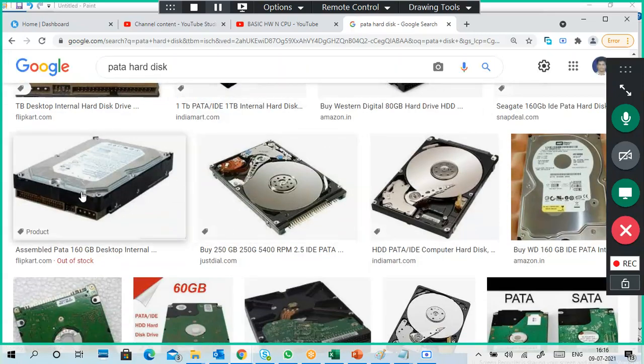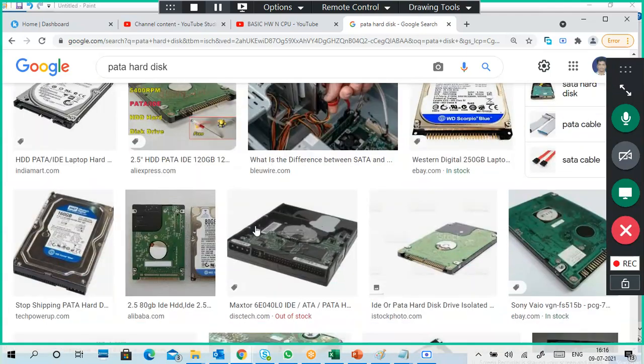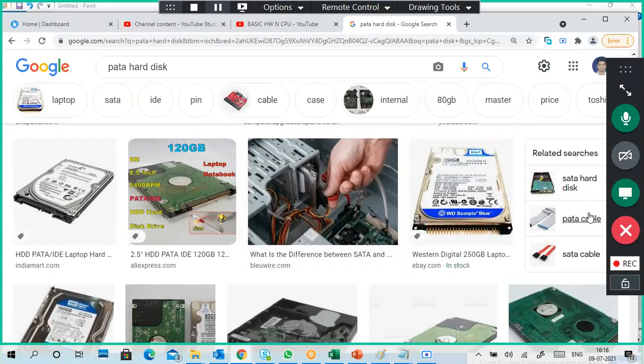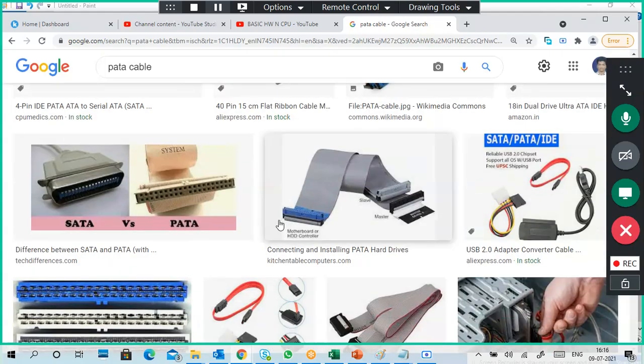Okay, this is a hard disk and these are the connections. These are the SATA cables.